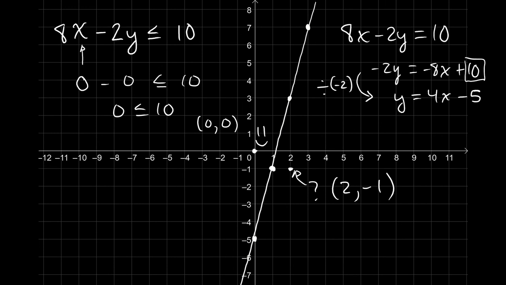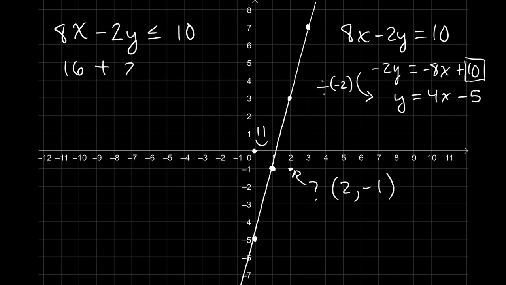If I give it the exact same treatment, x is 2, so we're going to have 8 times 2, or 16, minus 2 times negative 1, which is going to be plus 2, less than or equal to 10. 2 times 8 is 16. Negative 2 times negative 1 is positive 2. 16 plus 2 is 18. 18 is less than or equal to 10. That's clearly false, right? So this point that lives below my boundary is not one of my solutions.